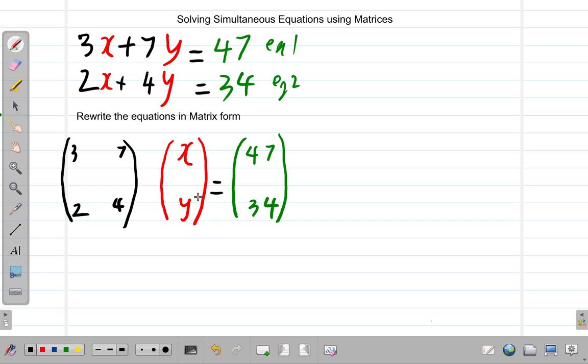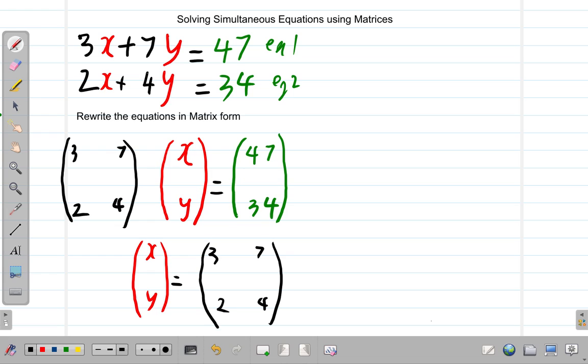Now, from what we saw a while ago, what I really want to do here is say x, y is equal to 3, 7, 2, 4 inverse multiplied by 47, 34.